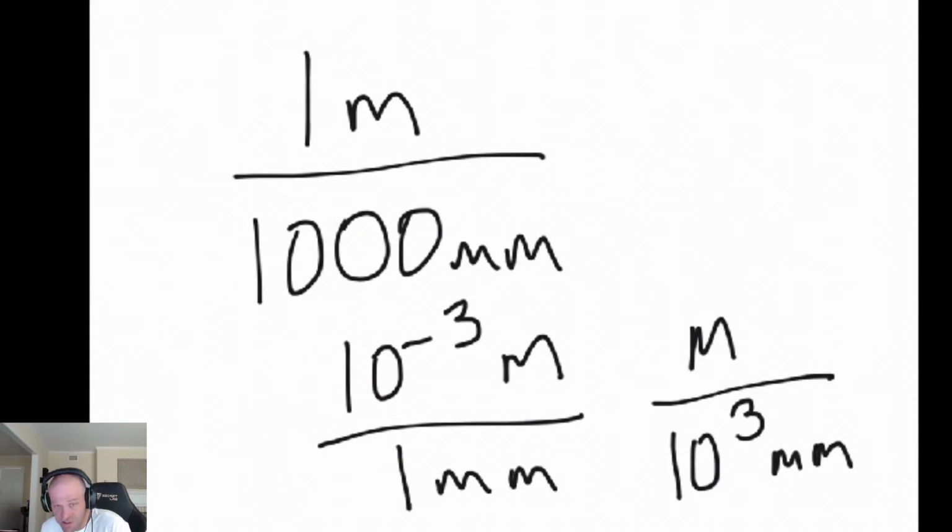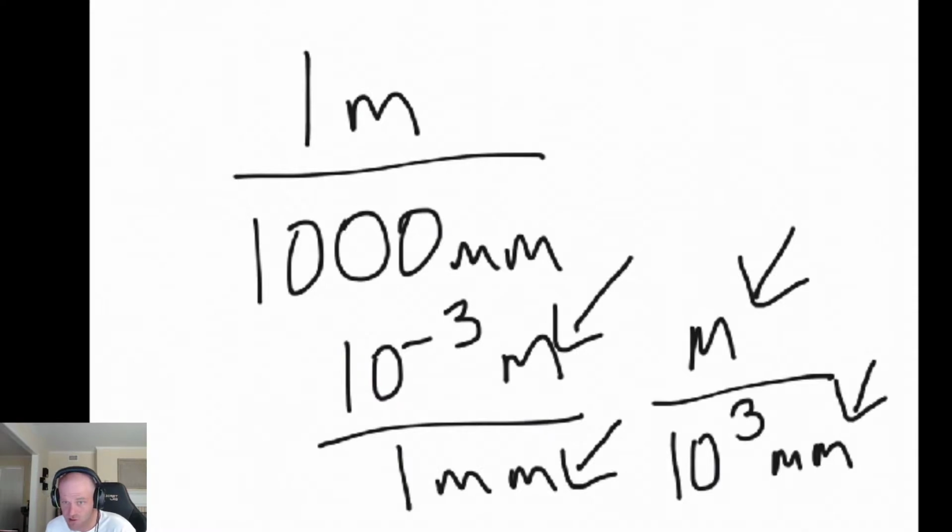All right, so this goes back to that trick I was telling y'all about: are you getting bigger or smaller? Which unit is bigger in size? The meter is bigger than the millimeter, right? So that means the meter number has to be smaller than this one. If it's larger in size, it's smaller in number. If it's smaller in size, it's larger in number.